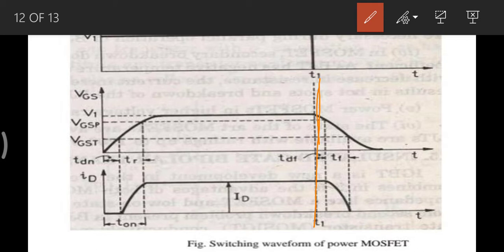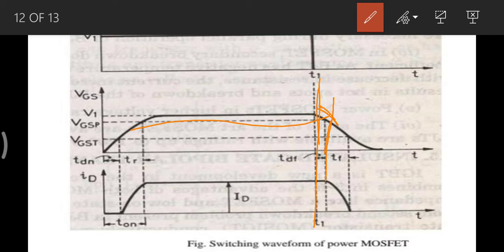Even though we are disconnecting the gate voltage, because of the capacitance effect it starts discharging. That means even though no gate voltage is applied, because of the capacitance it is discharging the voltage, up to VGSP, that means this point. This time is called the delay time.